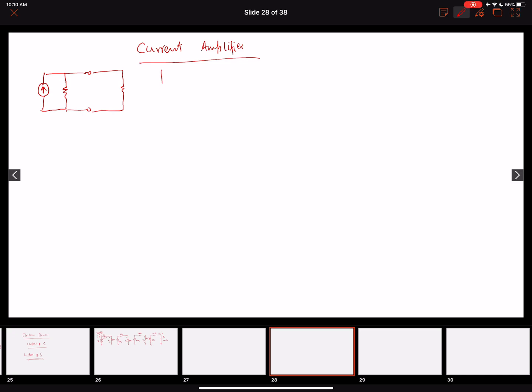So let me quickly make it. Right, so this is load resistance.